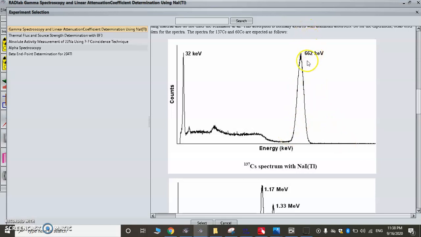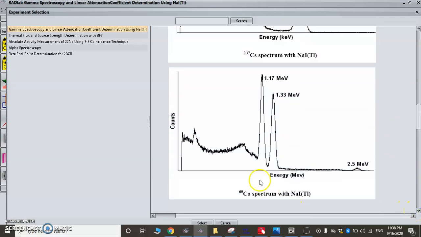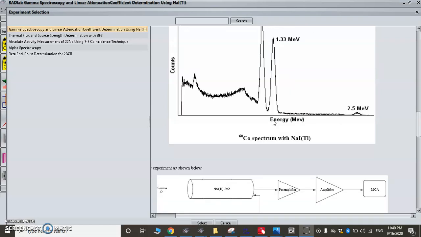This peak shows 662 kiloelectronvolt, and for the cobalt 60 source we have a 1.17 mega electronvolt peak and another one at 1.33 mega electronvolt. We will measure the intensity of these peaks from the count of gamma rays.